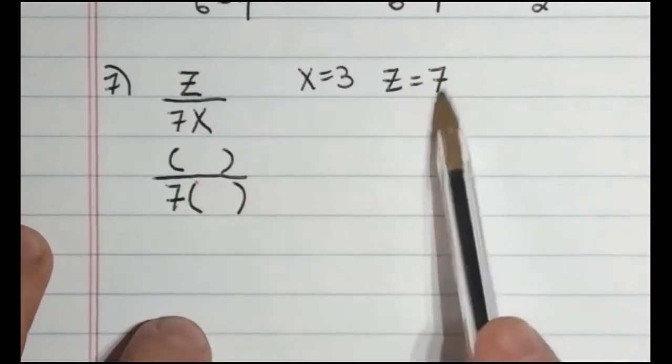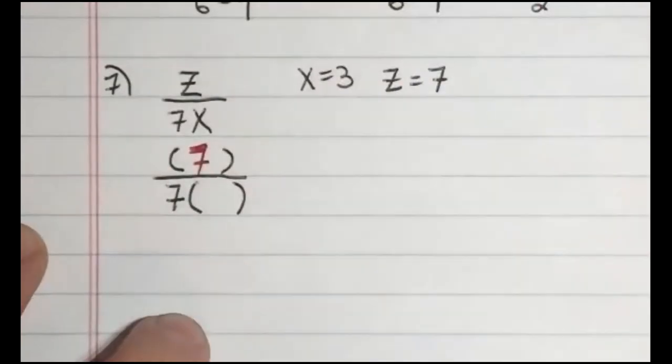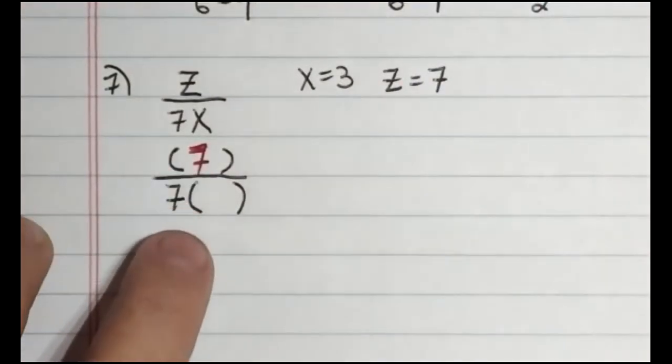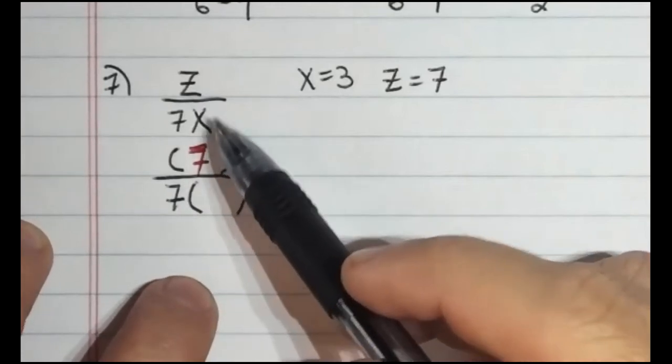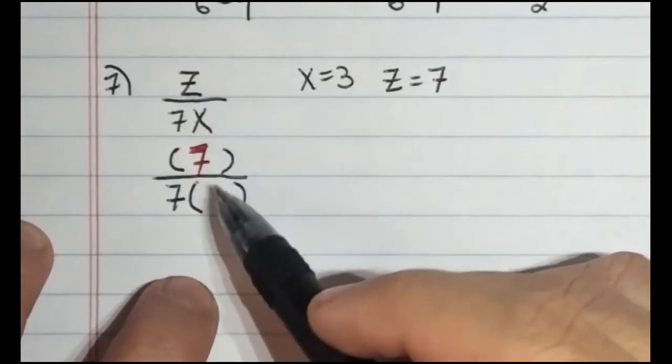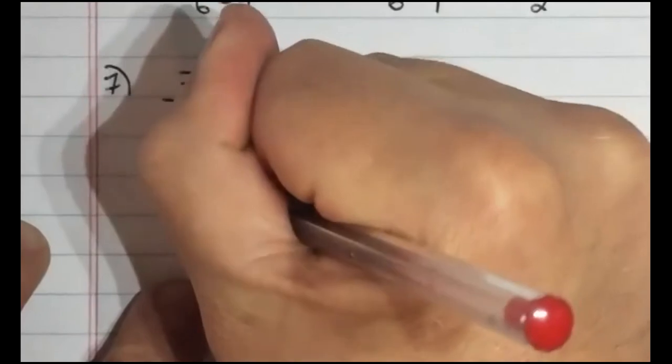Well, it tells me z is equal to 7. So where the z was, I'm going to replace that with the 7. I kind of write my 7s with a line through it, but that's just a 7. My x value, which goes here, it's telling me my x is 3. So what goes in there is 3.